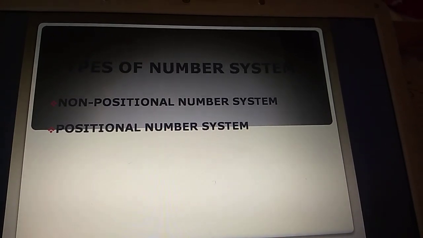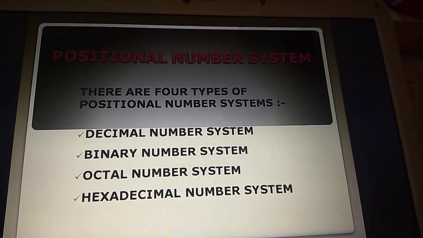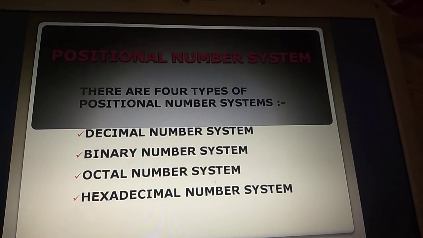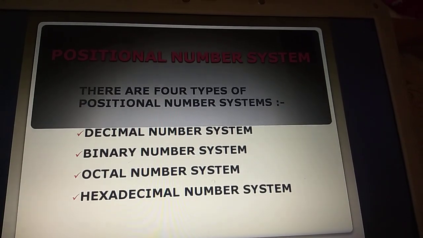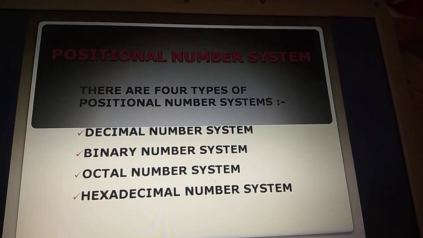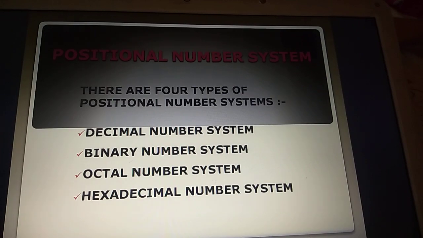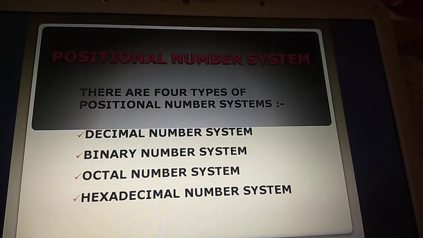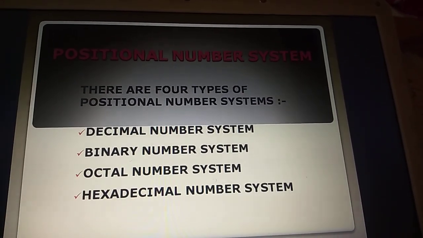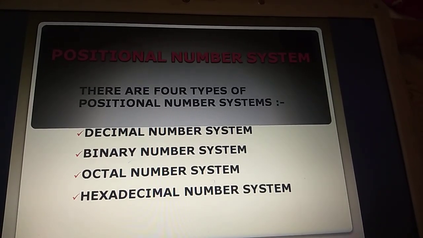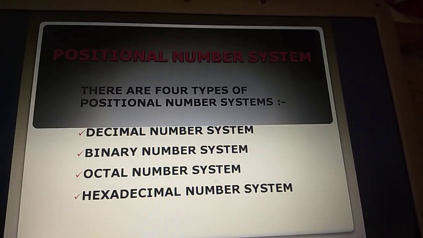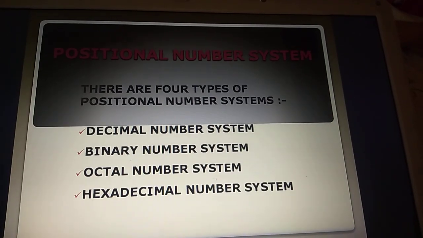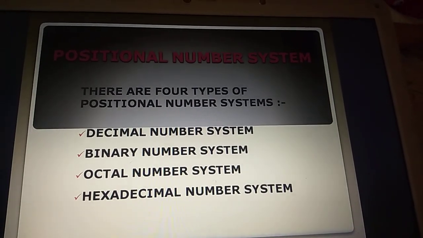The positional number system is further divided into four types. First is decimal number system. It has the base 10 because it uses 10 digits to represent a number from 0 to 9. Second is binary number system. It is with base 2. Base 2 means it uses two digits, those are either 0 or 1.